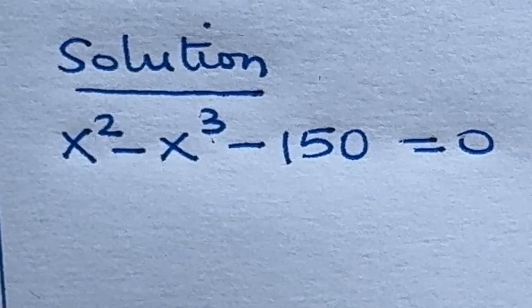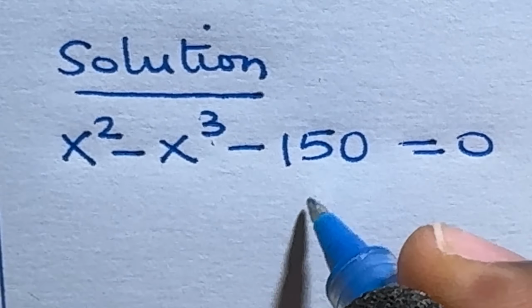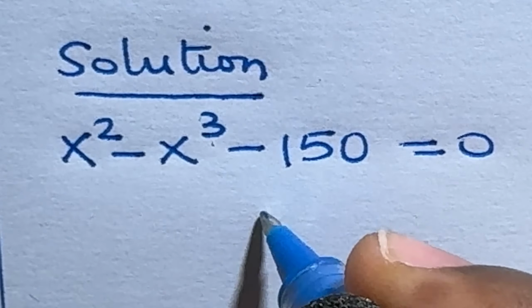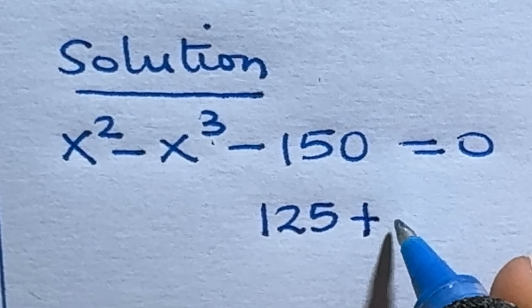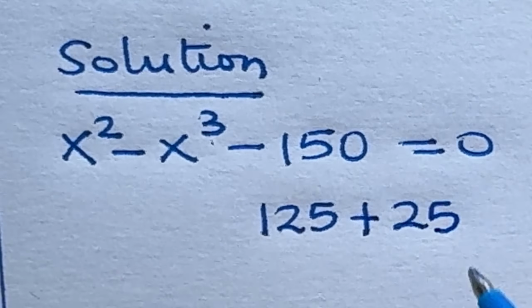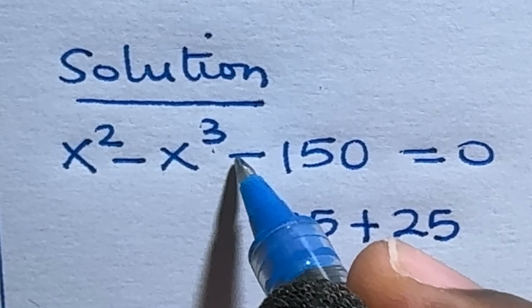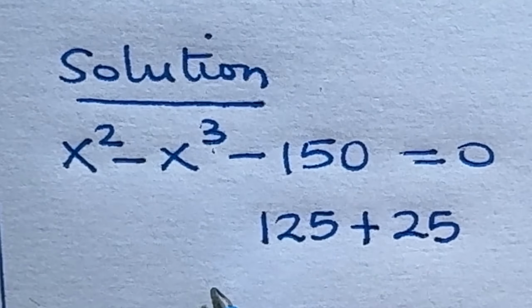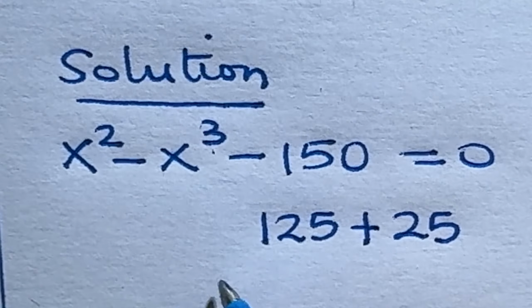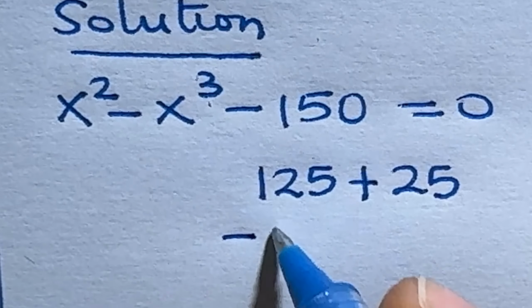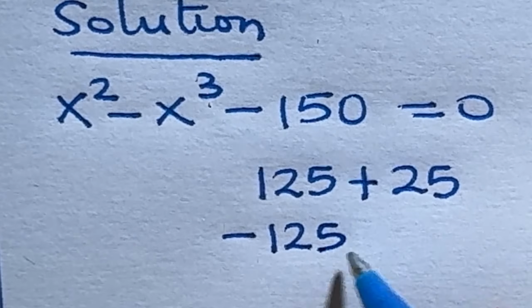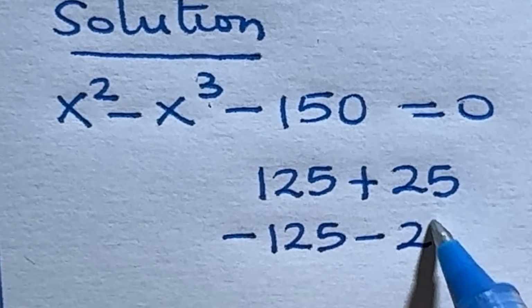150 itself can be expressed as 125 plus 25. But because there's a negative here, this will simply mean we can break down negative 150 to negative 125, then minus 25.